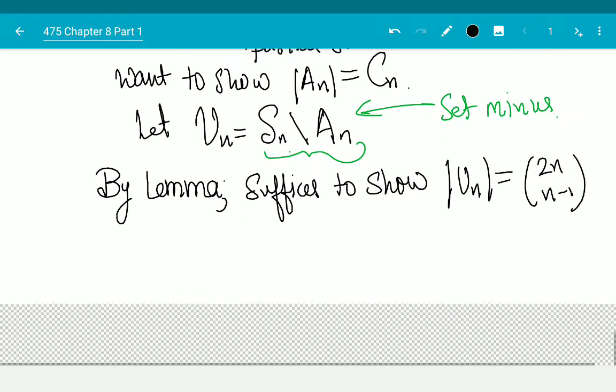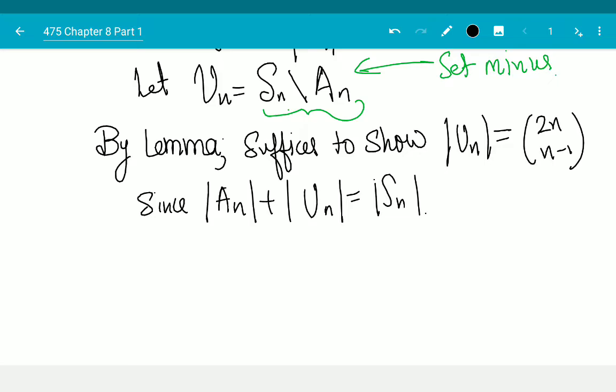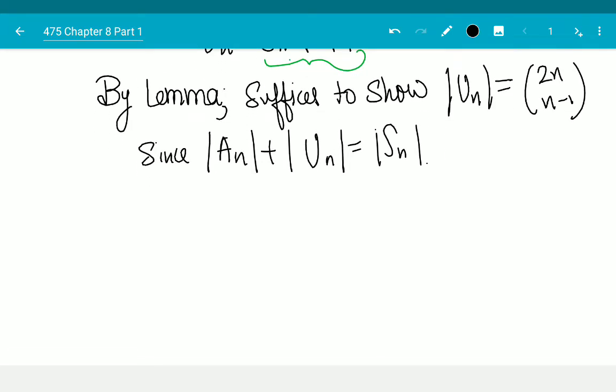Because my lemma says, since the cardinality of A_n plus U_n would be the cardinality of S_n, right? You know the addition principle. I'm dividing my big set S_n into two sets, U_n and A_n. I want to show the cardinality of A_n is C_n. Well, that suffices to show the cardinality of U_n is S_n minus C_n, which is exactly 2n choose n minus 1. Okay, how do I do this?